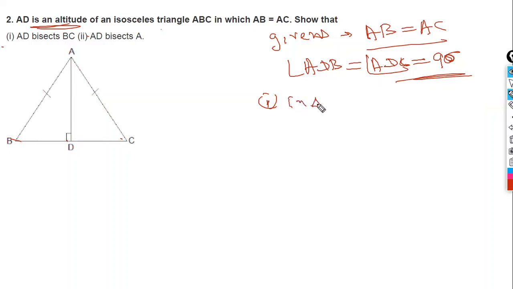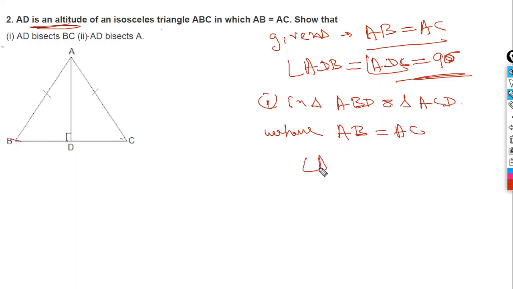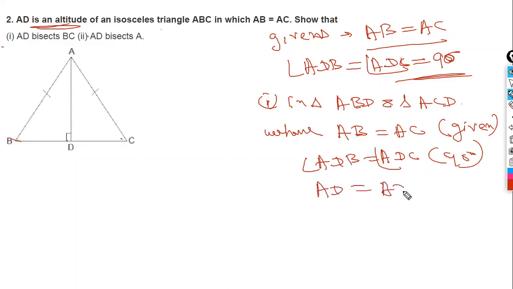In triangle ABD and triangle ACD, we have AB equals AC, and angle ADB equals angle ADC. Why? 90 degrees, it is given. Now right angle is there, hypotenuse is there, and one side AD equals AD. Why? Common side.